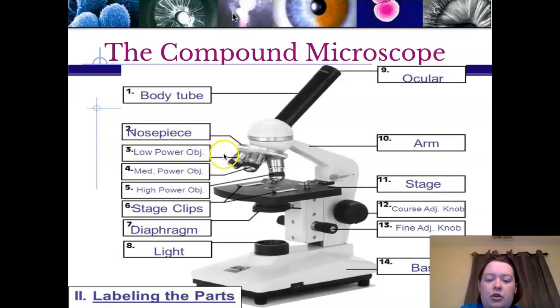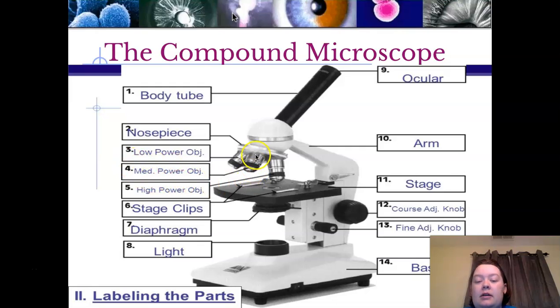The lowest one is called the low power objective. You can tell the low power objective because it's the shortest one. And the magnification of that objective is going to be written on the side of it. You can't really tell here, but if this was a color image, they're typically color-coded along the edges. The medium size objective is called the medium power objective lens.